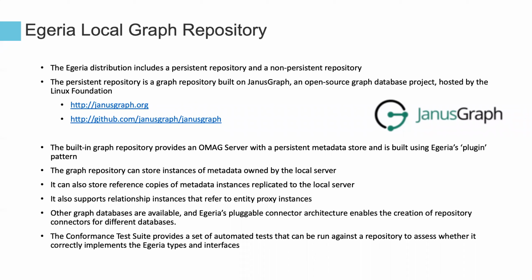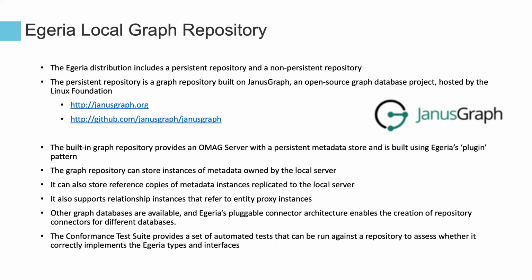It will also store reference copies of metadata replicated to the local server, and it will also support relationships and classifications, etc. And the graph connector polices the fact that a reference copy must not be changed. So we can create relationships between reference copies or reference and non-reference copies. We can classify them, but the graph connector will prevent you from inadvertently trying to change the properties of a reference copy.